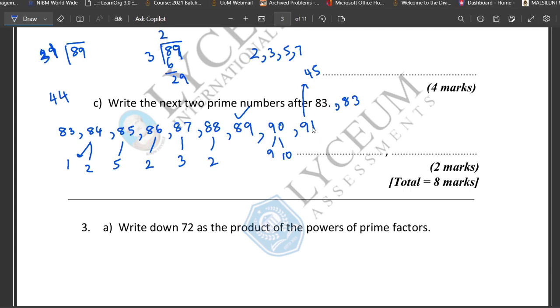1 is a factor, and 2 is not, 3 is not, 4 is not. You can easily divide by the number and see. If you get a whole number, then it's a factor. 5 is not, 6 is not, 7 is not. 7 is a factor.